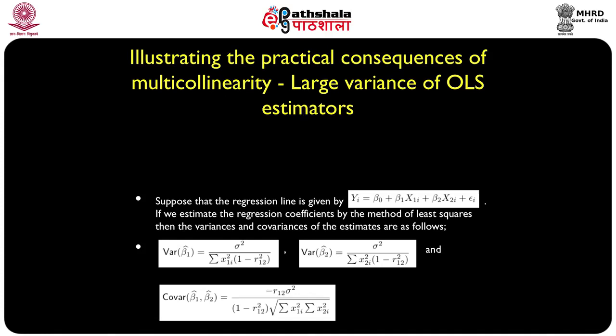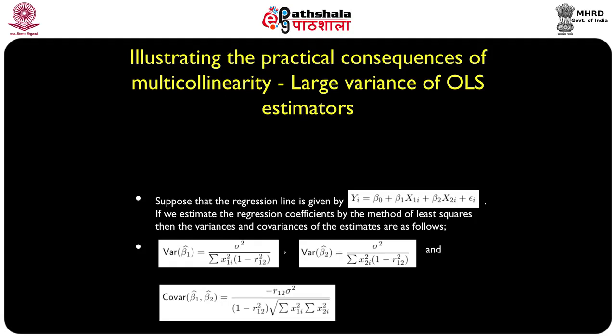Variance of beta 1 hat, where beta 1 hat is the estimate of the regression coefficient corresponding to x1, is given by sigma square divided by sum of x1i square times 1 minus r12 square.